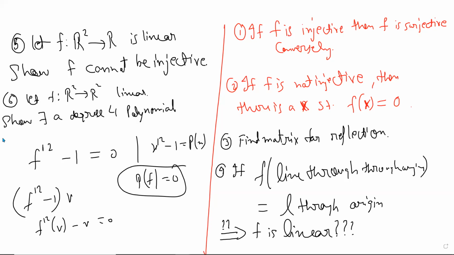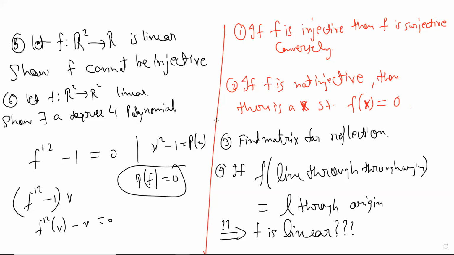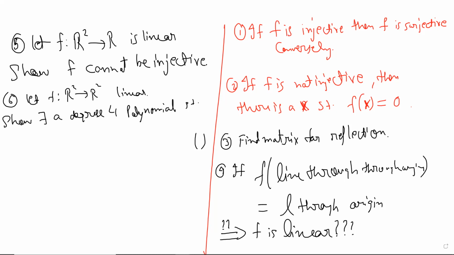And so I want you to show that this can be done for any linear function. Show that there is a degree 4 polynomial p such that p of f is 0. Here you have a degree 12 polynomial, but I'm saying that is too much. A degree 4 polynomial should be sufficient.